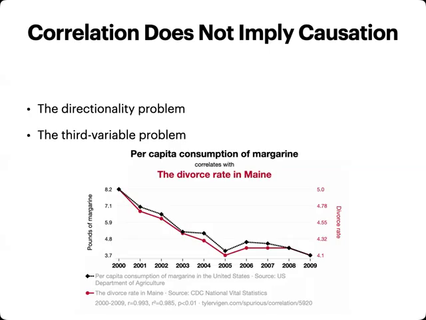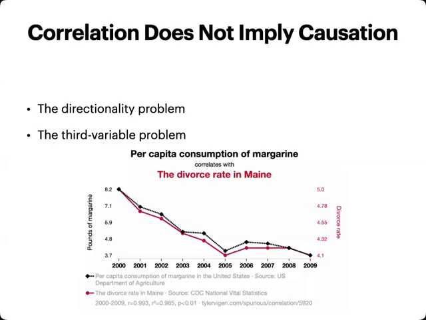The second is the third variable problem. Two variables, x and y, can be related not because one causes the other, but because a third variable, z, influences both. For example, countries that win more Nobel Prizes often have higher chocolate consumption, likely because of geography. European countries tend to have higher per capita chocolate intake and invest more in education and technology.